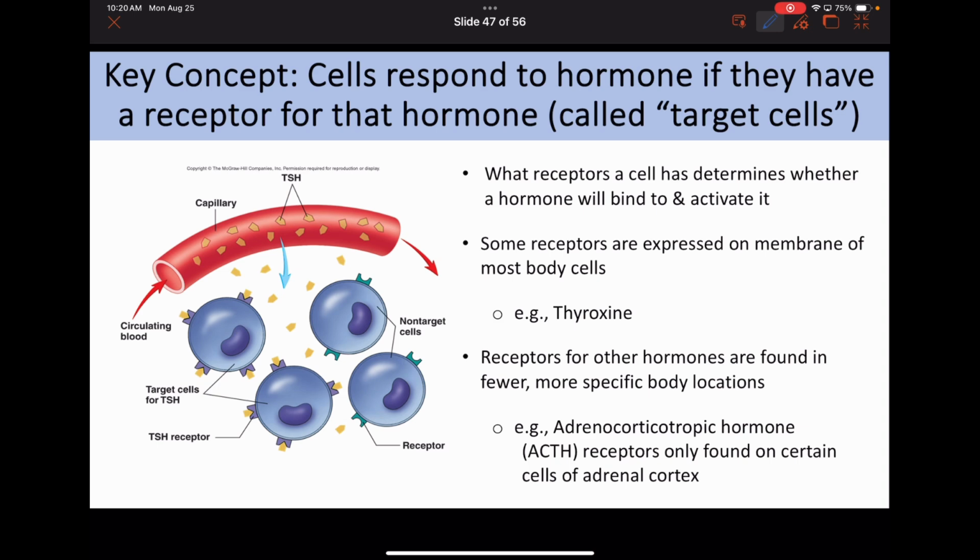It regulates the release of our cortisol, which is our stress hormone, but it only targets the cortex or the outside of the adrenal gland. So super specific. We're only going to have very few cells that have a receptor for adrenocorticotropic hormone. It's on a very specific region of a very specific organ versus thyroxine, which will have receptors all throughout the body.